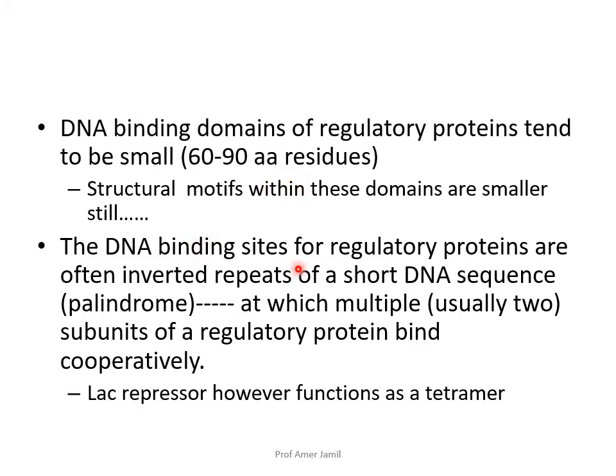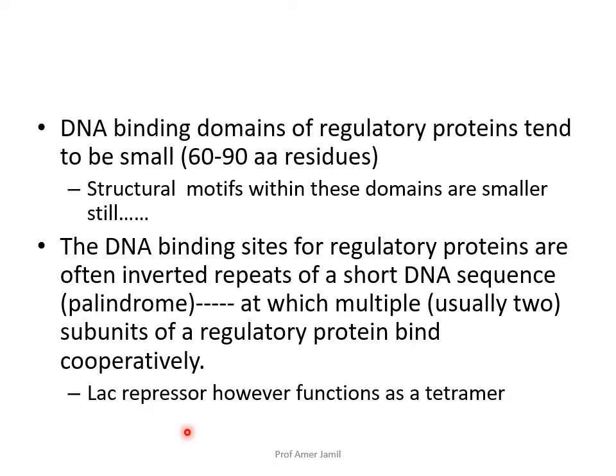The DNA binding sites for regulatory proteins are often inverted repeats of a short DNA sequence, which are called palindromic sequences, at which multiple subunits of regulatory protein bind cooperatively. Cooperatively meaning if one protein subunit is bound, the binding of the other protein subunit is enhanced. So there is a cooperative binding.